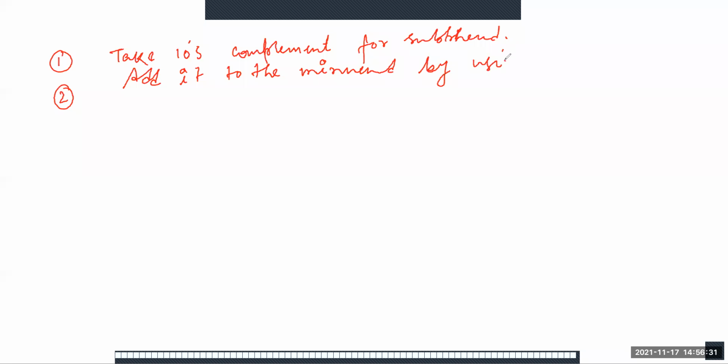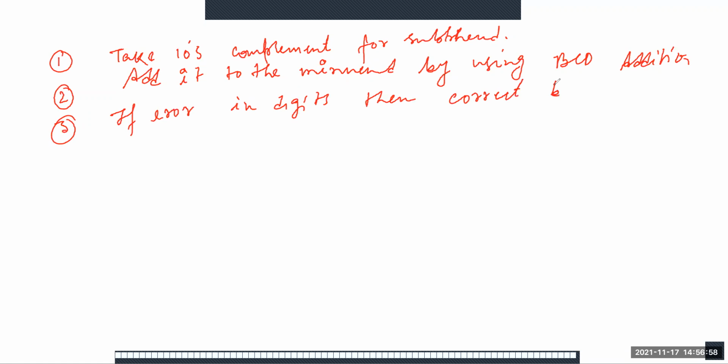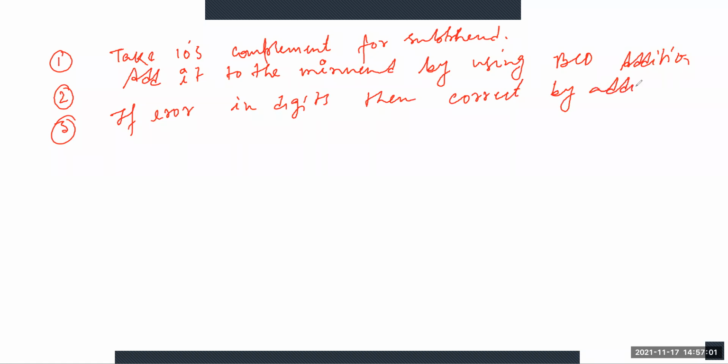By using BCD addition, add the digits, then correct by adding 6.